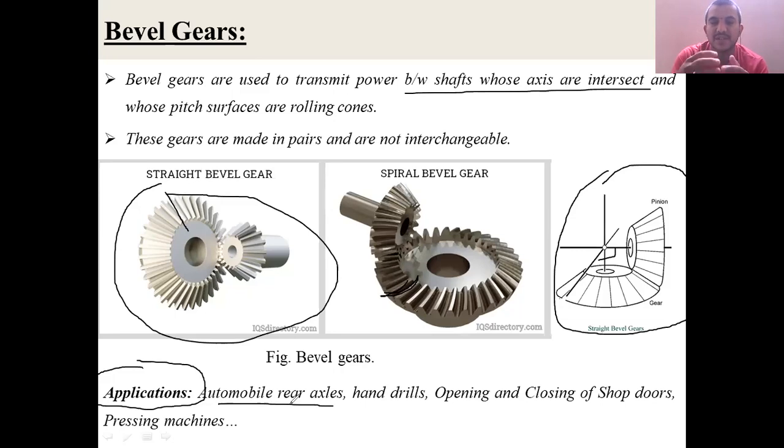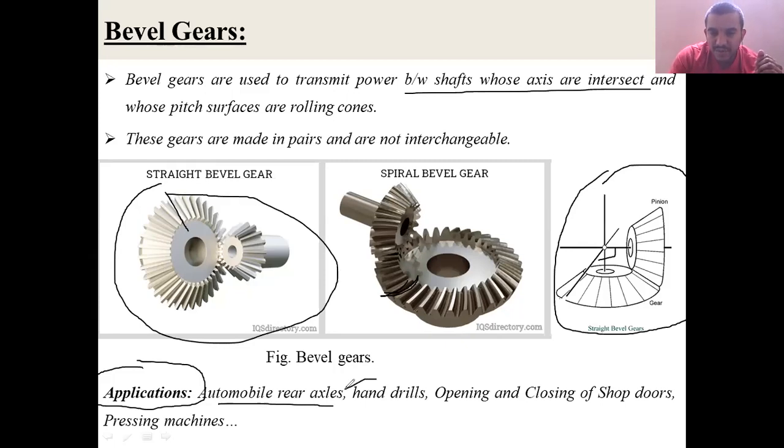How do you transmit? With the help of a primary propeller shaft and secondary propeller shaft. From the secondary propeller shaft to the axle, the shafts are intersecting. Then engineers use bevel gears to transmit the motion and power from the engine gearbox to the rear wheel axle of the vehicle.